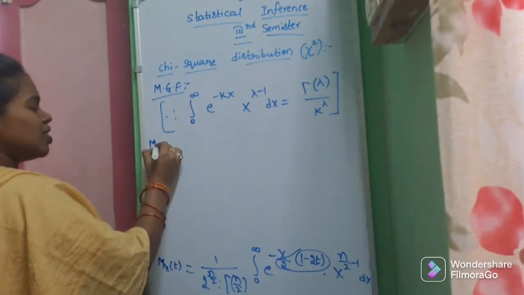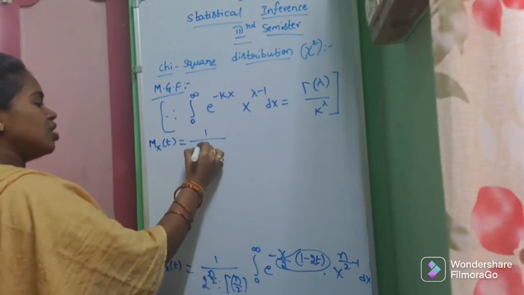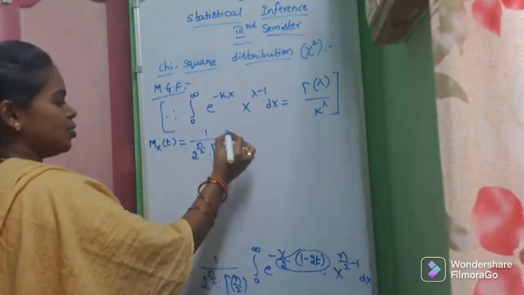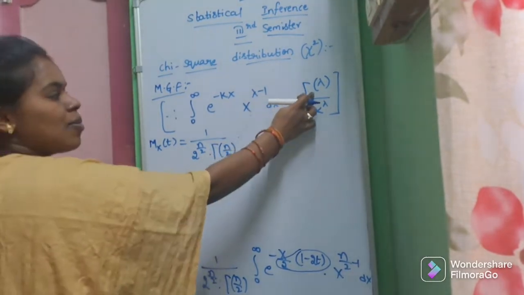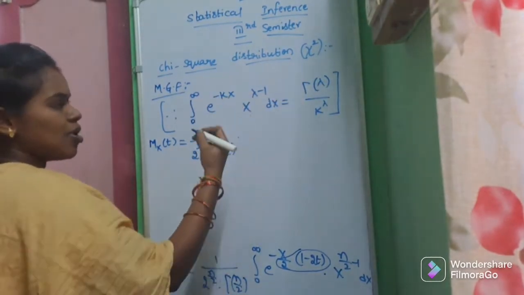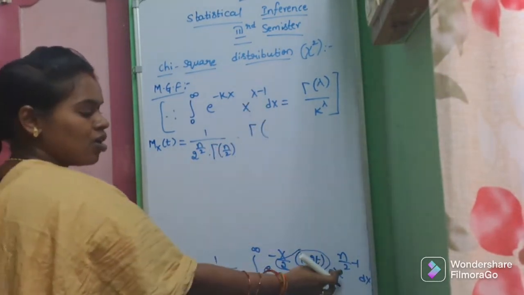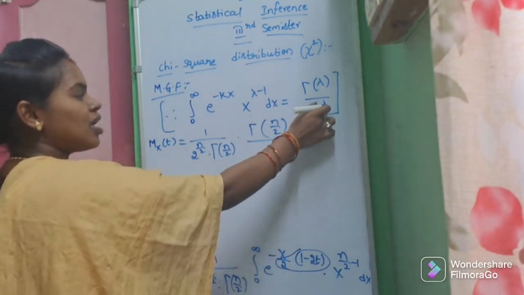Now the moment generating function Mx of t equals 1 by 2 power n by 2 into gamma of n by 2 into, so our formula is gamma of lambda by k power lambda.